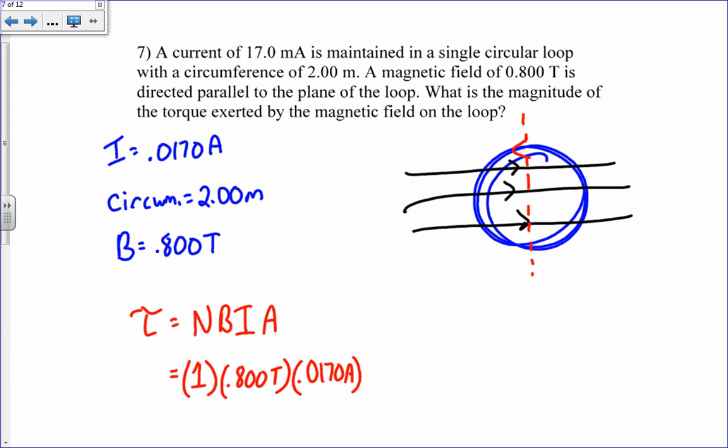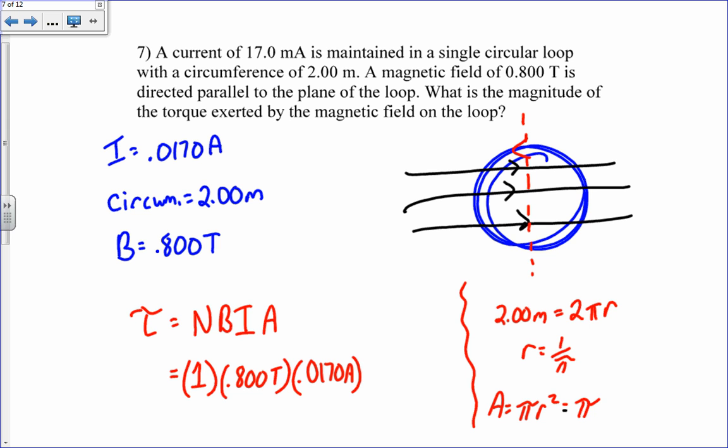And now for the area, I'm going to do this over here. I know that the circumference is 2 meters, and the circumference is equal to 2 pi times the radius. So that tells me that the radius is equal to 1 over pi. I just solved that for radius. Now I want to know the area, which is pi r squared.